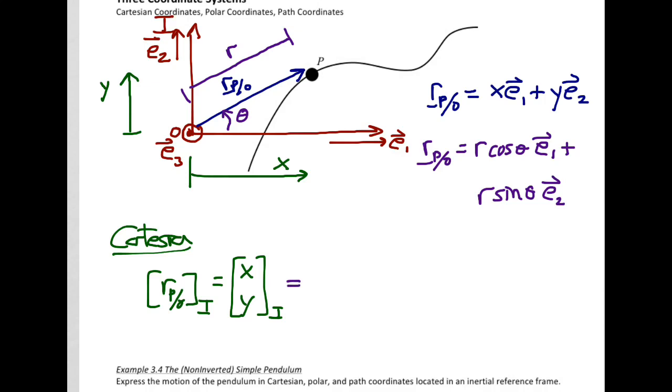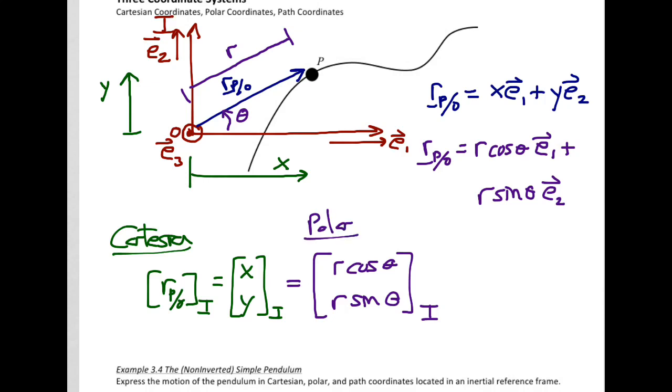And so here, this actually is the same because x is equal to r cosine theta, and y is equal to r sine theta. So converting between Cartesian coordinates and polar coordinates is actually pretty easy to do. We've got two Cartesian coordinates, an x and a y, and they're equal to the polar coordinates, r cosine theta and r sine theta.